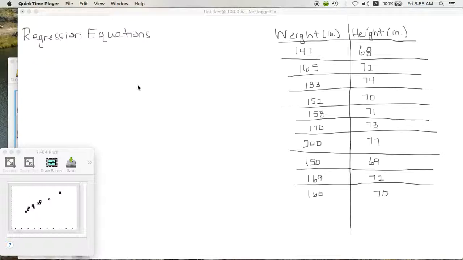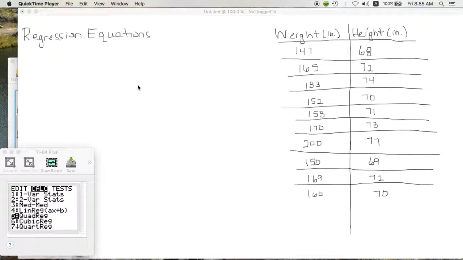The way we find that is we go to Stat and over to Calc. Now we talked about using the one variable statistics already, and we're not going to use that other stuff just yet. But a lot of the rest of this stuff is different regression equations. You see there the lin reg, that's a linear regression.